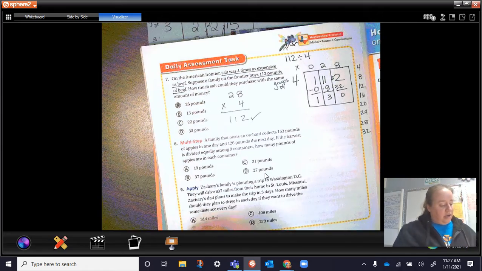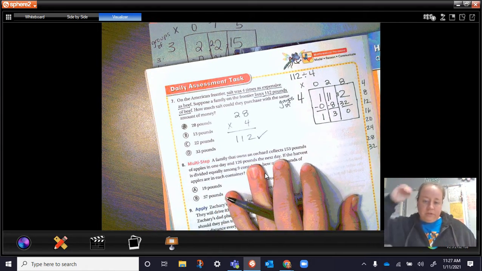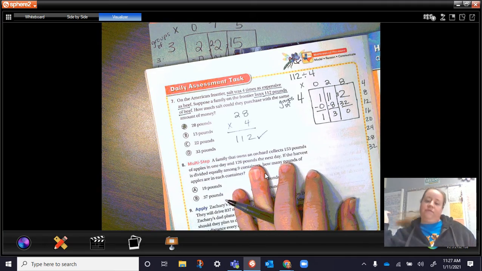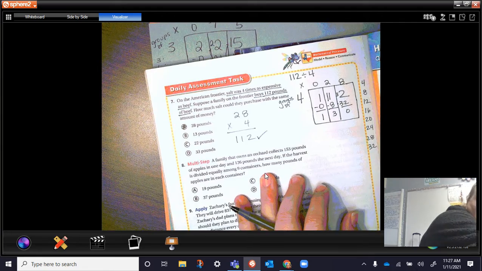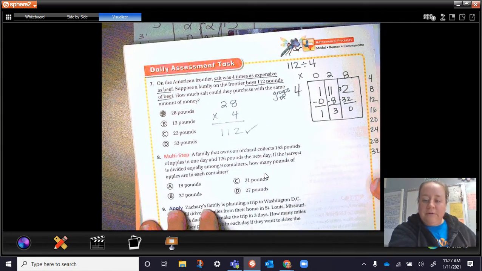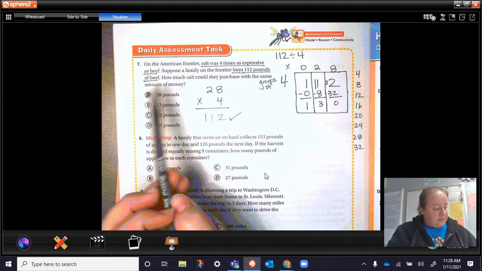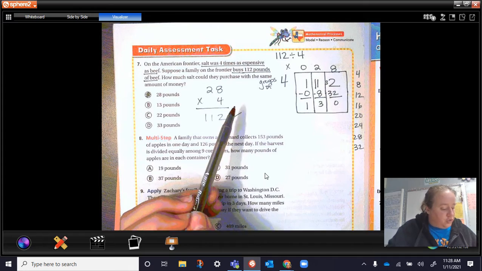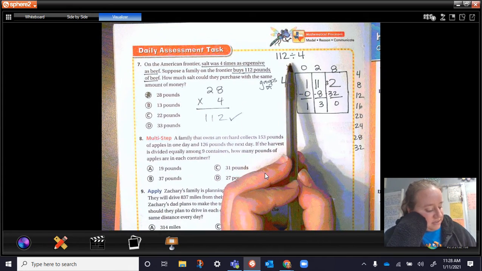This one says, on the American frontier, salt was 4 times as expensive as beef. So suppose a family on the frontier buys 112 pounds of beef. How much salt could they purchase with the same amount of money? So here, we know that the salt was 4 times as expensive as the beef. We know that they're buying 112 pounds of beef. And our plan was to divide this out.